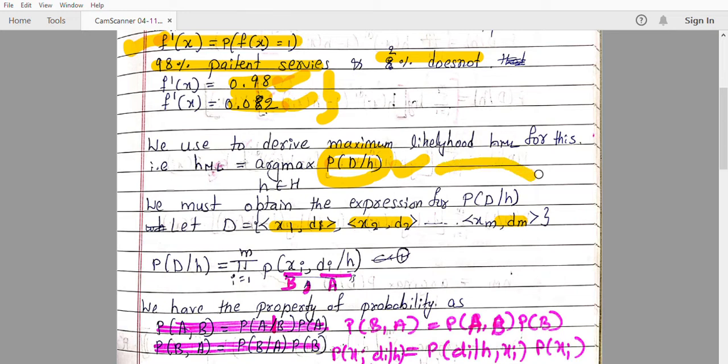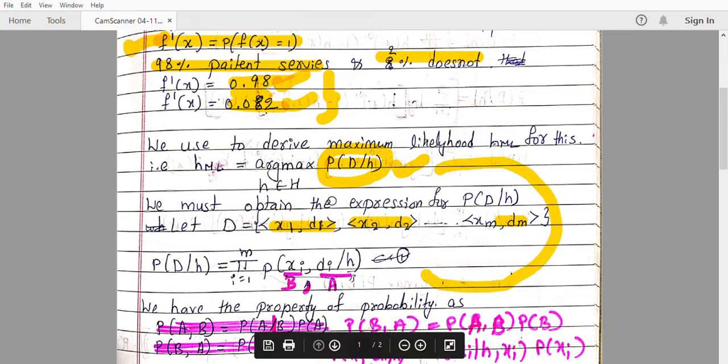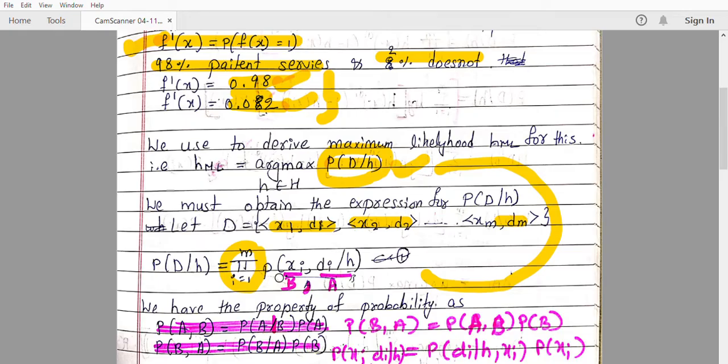D is our xi and di, and this is h, the product of individual probabilities of these with respect to a particular h. So we will first have an expression for this, then we will get this one.